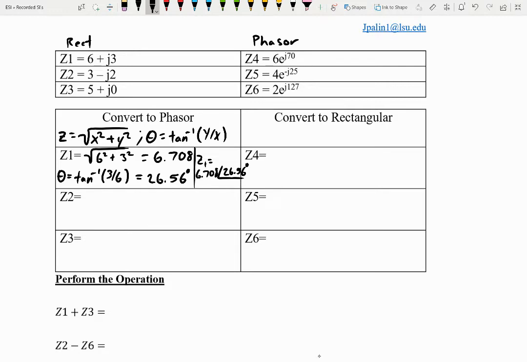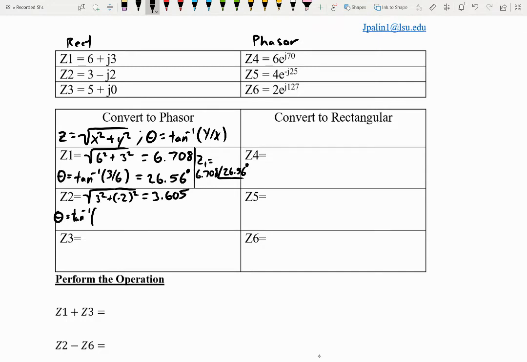We're going to repeat this for these next three here. So square root of the sum of the squares. We'll get 3 squared plus negative 2 squared. And that'll give us 3.605. Theta is tangent inverse of y over x.